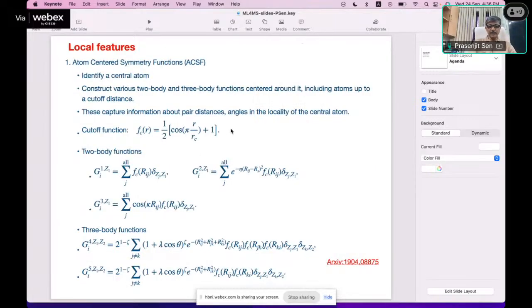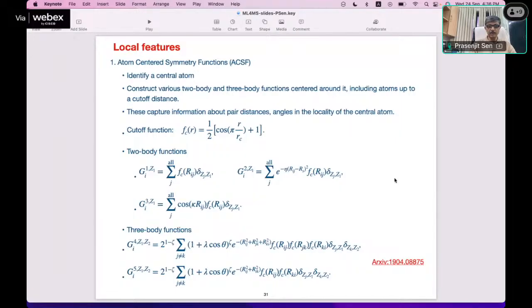So I'll just quickly recap what we were discussing last time. We were discussing two local features, ACSF, atom-centered symmetry functions.